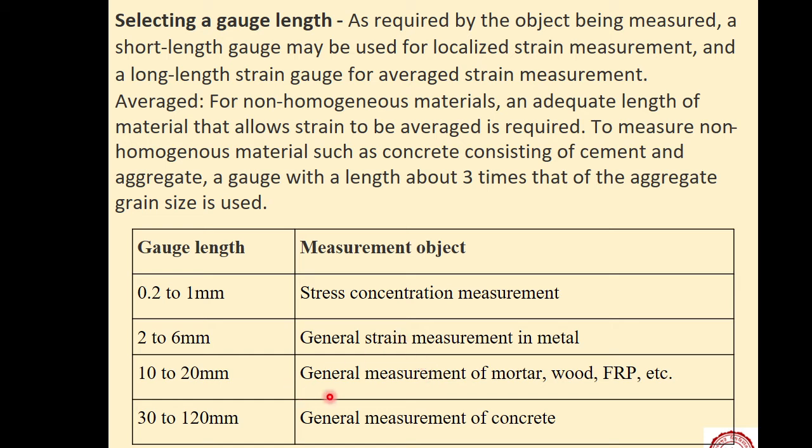So to take care of that, the gauge length is increased somewhat. For some coarse material like concrete, the gauge length is even higher. So these are special purpose. This is usually for general strain measurement.